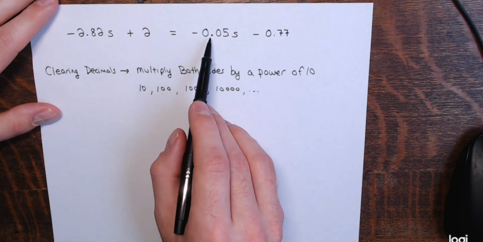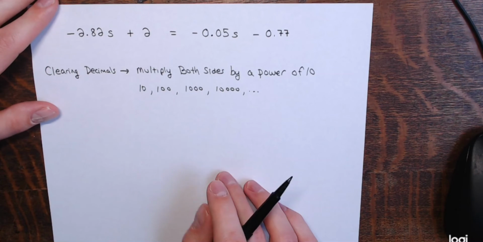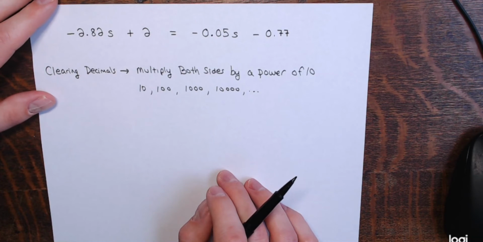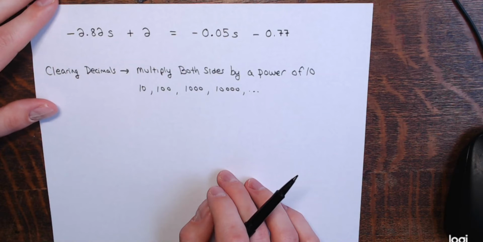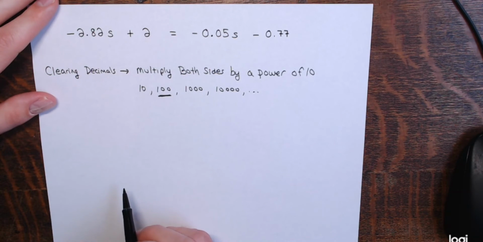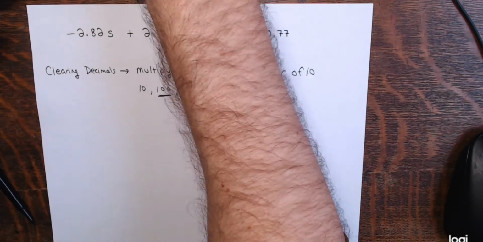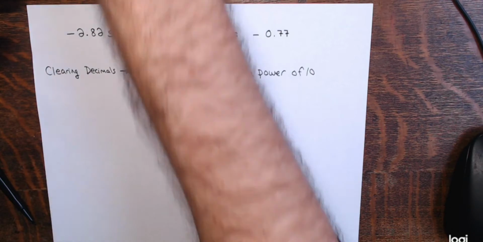Here, 2 places. Here, 2 places. And then just whatever the largest number of those is, that's the power you need to multiply by. 10 to the 2, 10 squared, or 100. Alright, so to clear the decimals here, we're going to multiply both sides of this equation by 100.